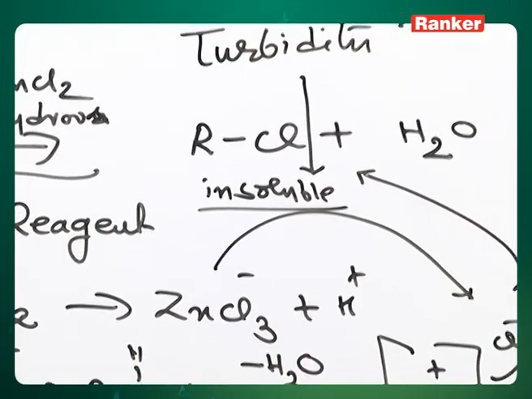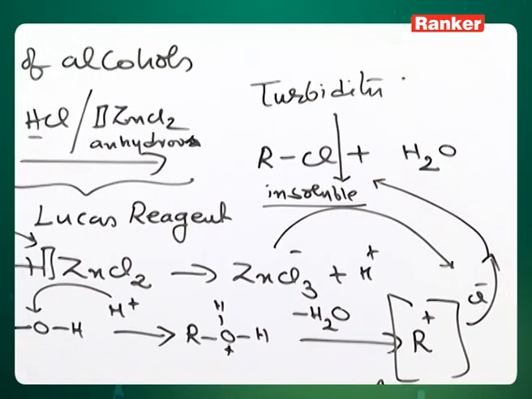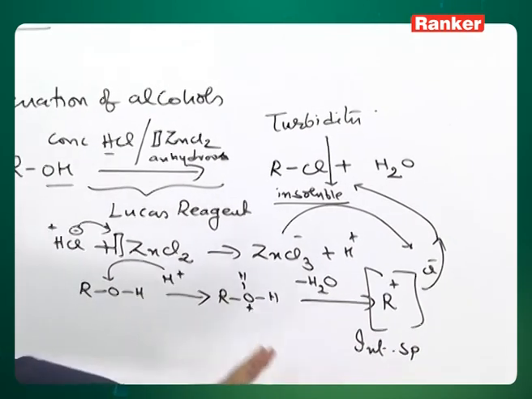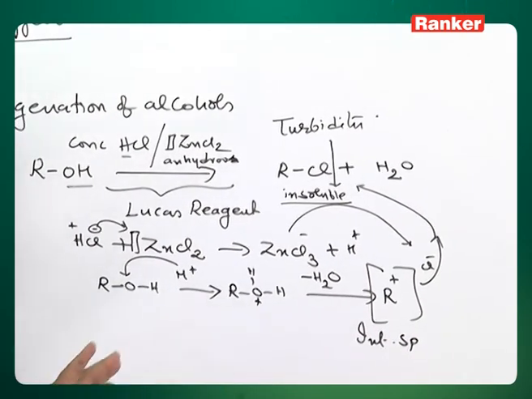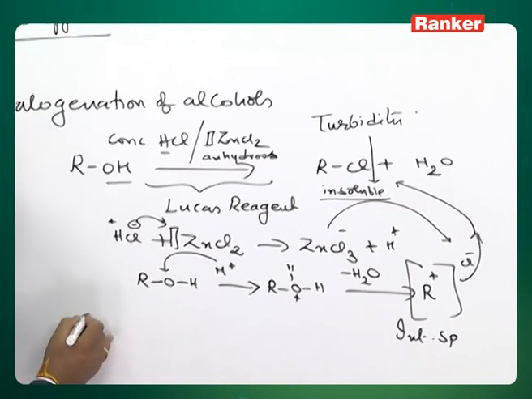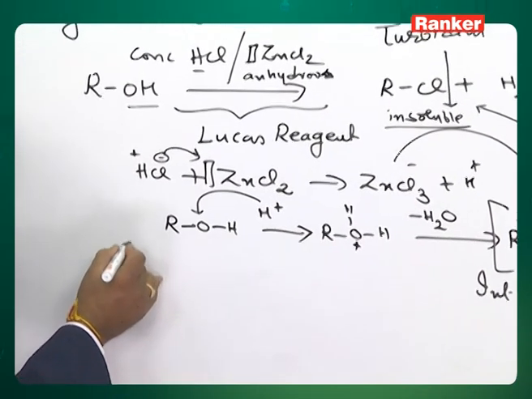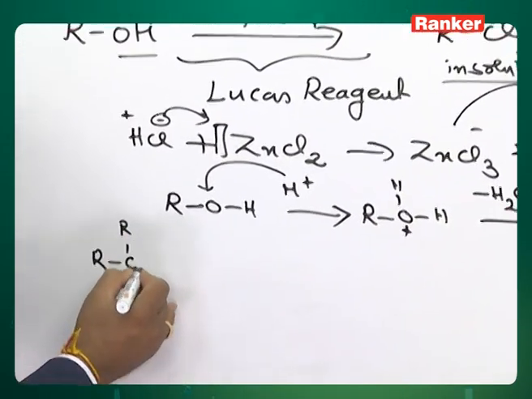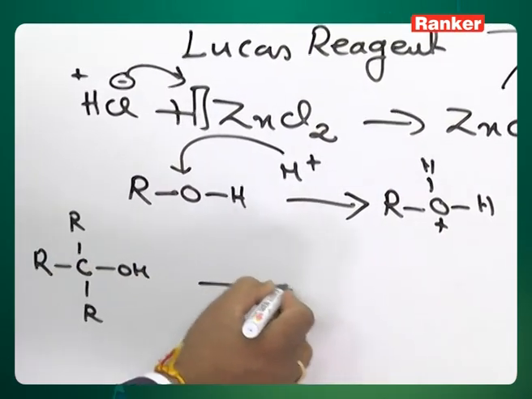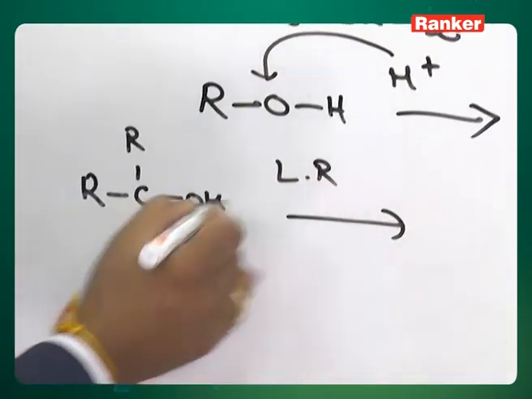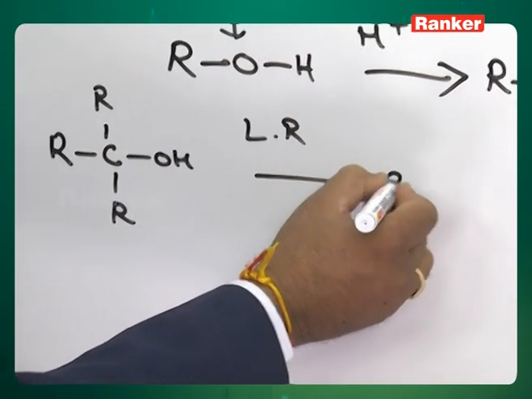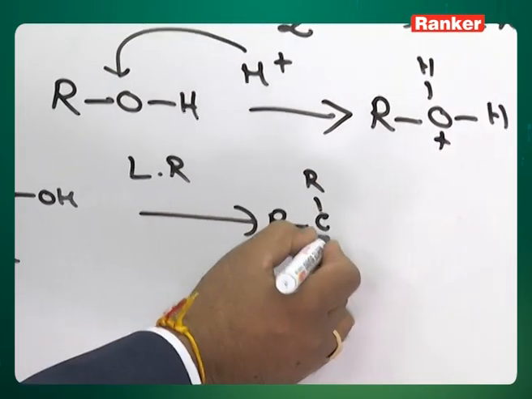Now, the criterion is here, I will take 3 different types of alcohols, all will give the turbidity because all are going to give alkyl halides. But if I take a tertiary alcohol and add this same Lucas reagent, tertiary alcohol passes through what? A tertiary carbocation, right.